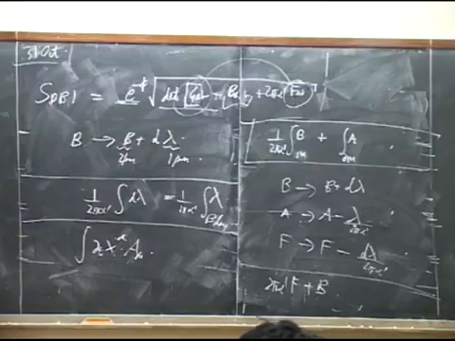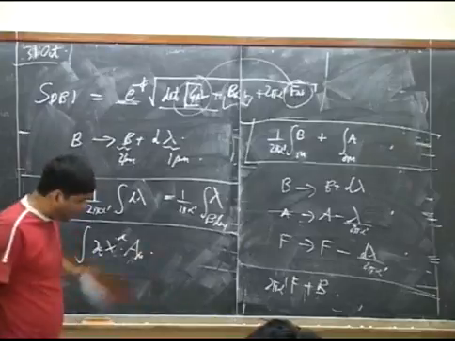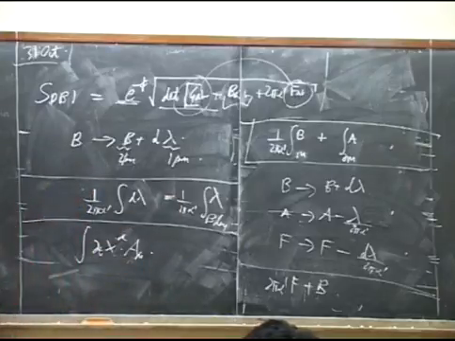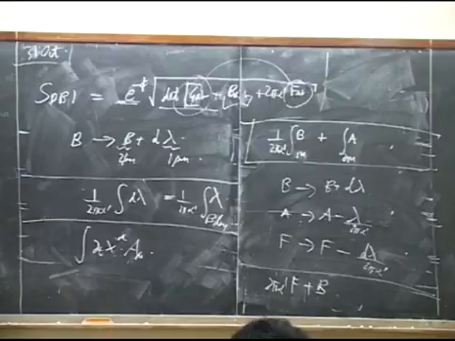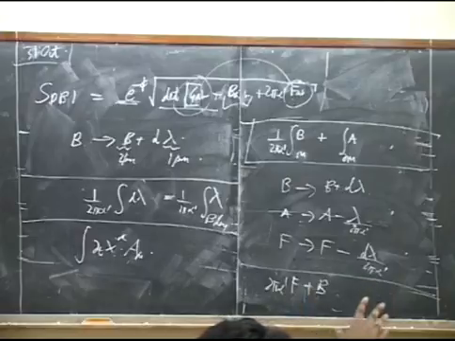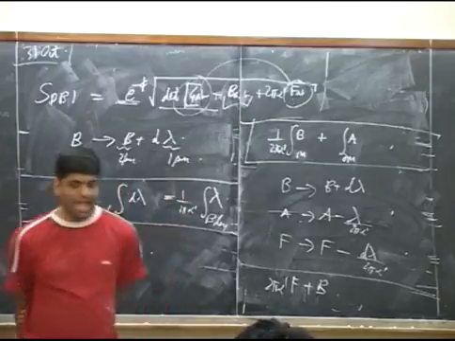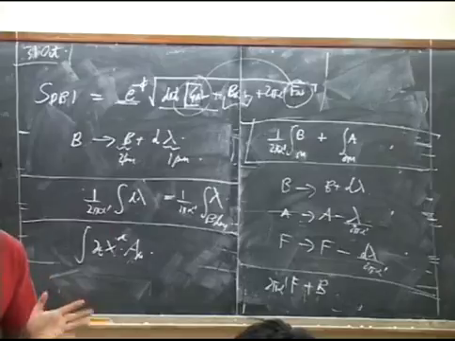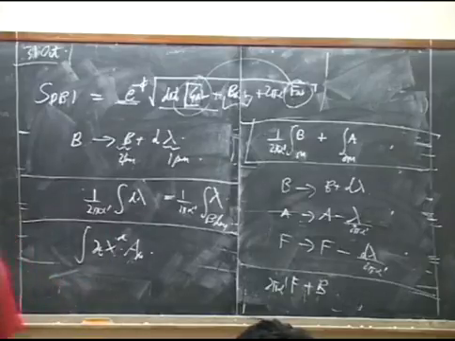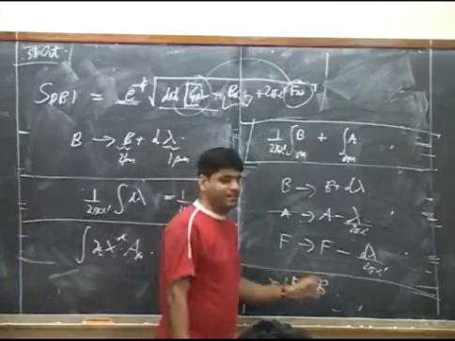Basically, these two terms are just an integral from B tilde. That's right. Everything in the action will appear in this combination. Every time you have an F, you will also have this B.